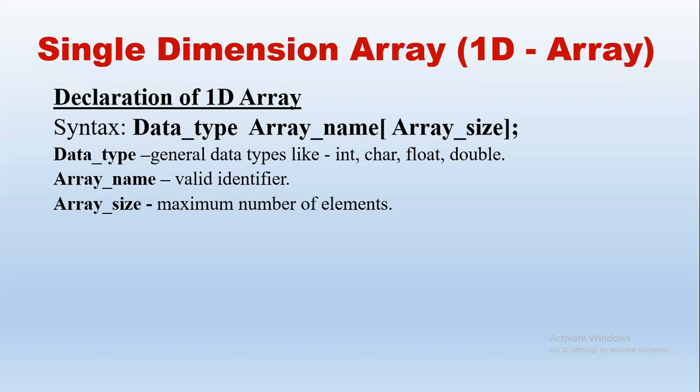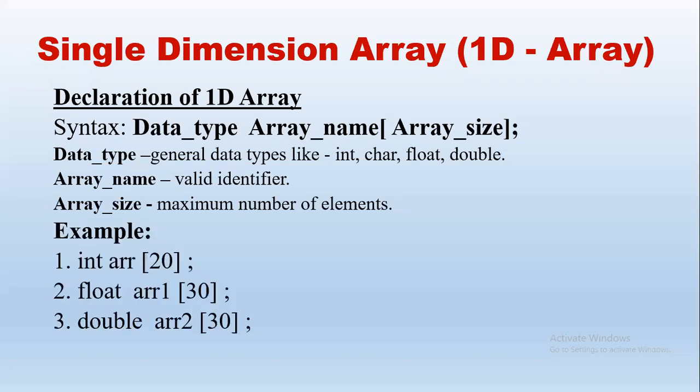So here we have examples wherein int ARR of 20 is one integer array with maximum size of 20. So we can store a maximum of 20 integers in this array. Similarly, we have float array and double array. So all these are one dimensional arrays, right?